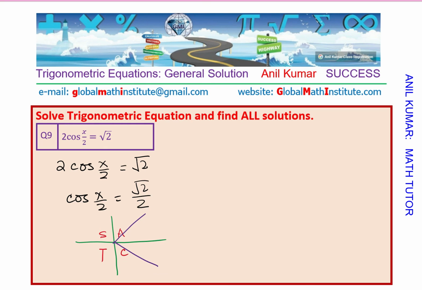Those are the two quadrants in which it is positive. And we're looking at a special triangle, square root 2 over 2, right? Which one is this? Well, as you know, it is pi by 4 or 45 degrees, correct? So you will notice that I did not use the unit circle, right? Not really required.